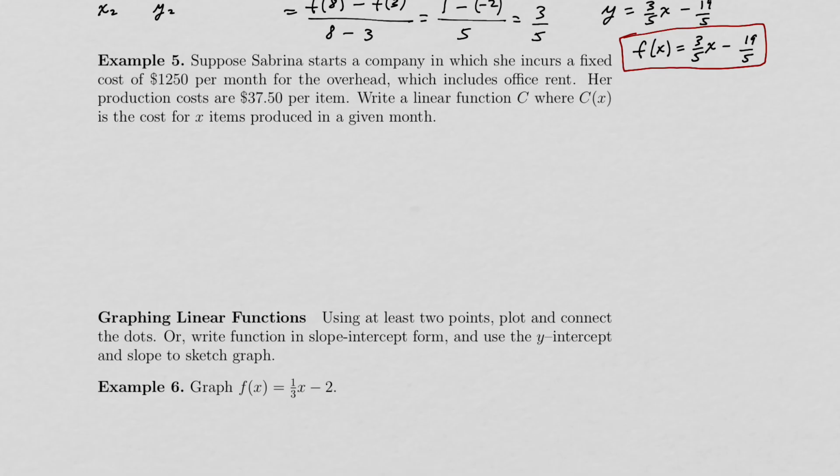Okay, so first of all, let's figure out what these things represent here. So the $1,250 here, this is like the fixed cost. This is the cost when 0 items are produced. So this is basically the y-intercept.